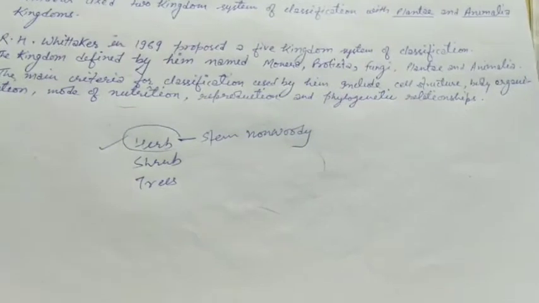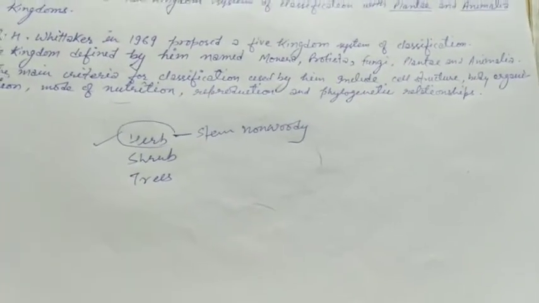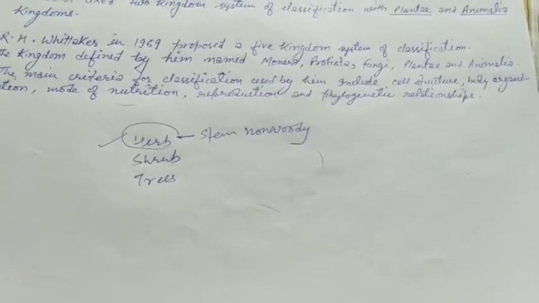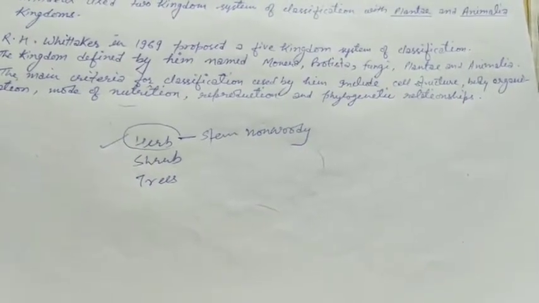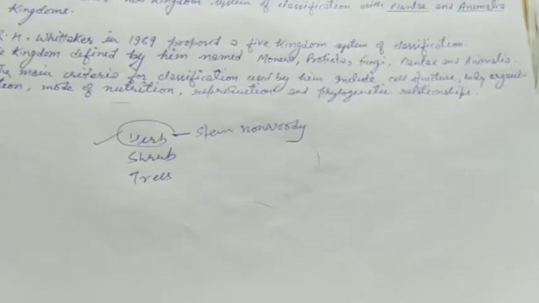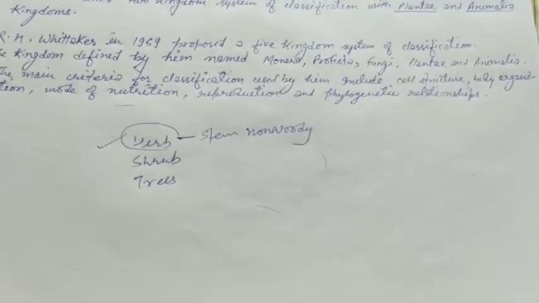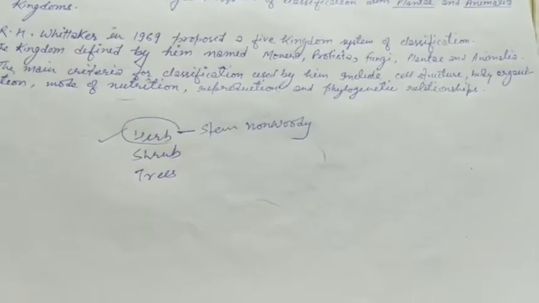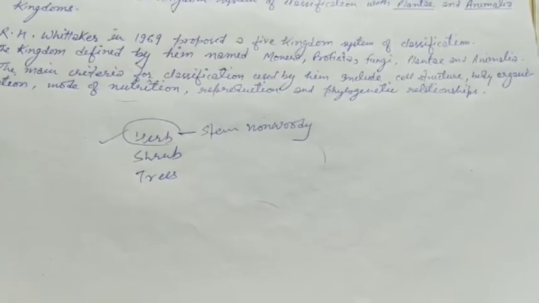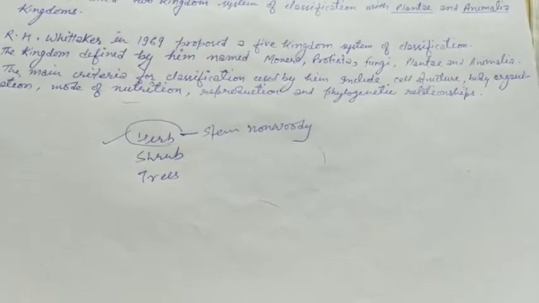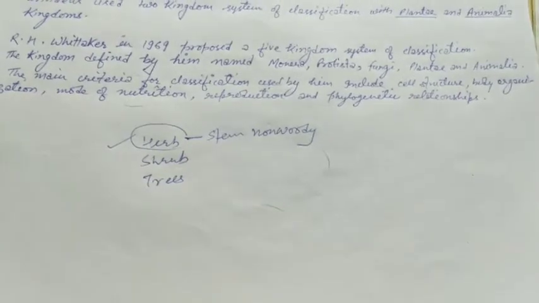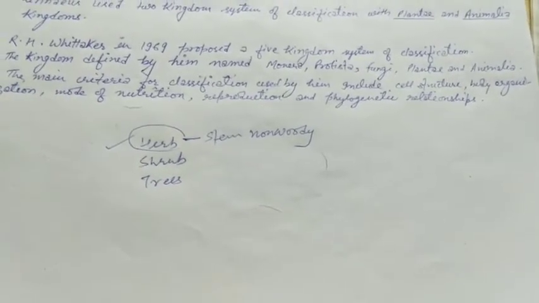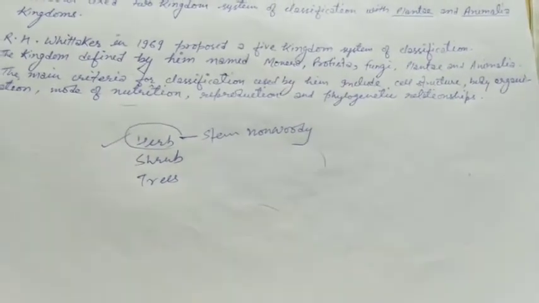Shrubs are more advanced than herbs, having a profusely branched stem. There is so much branching, and each such branch acts as an axis. The stem is woody in nature, while trees have a large strong trunk. The stem of a tree is usually known as the trunk, and from this trunk many branches appear.